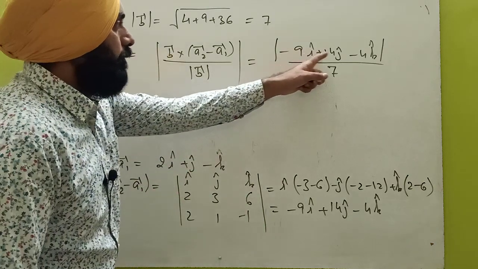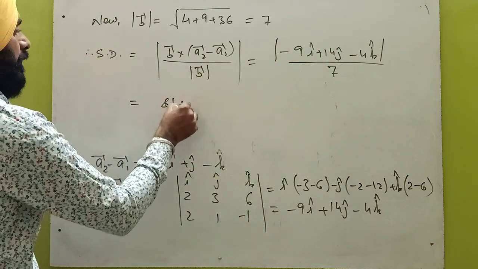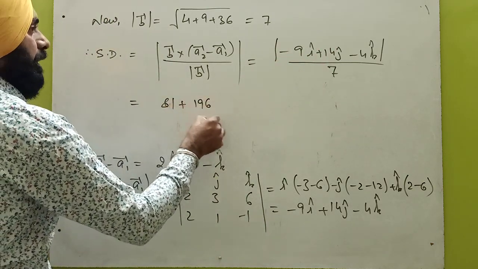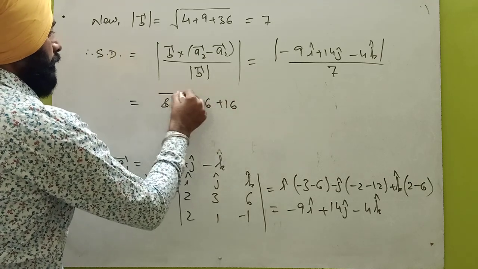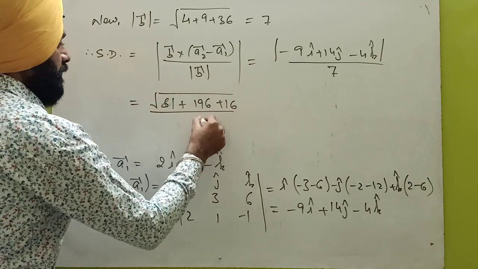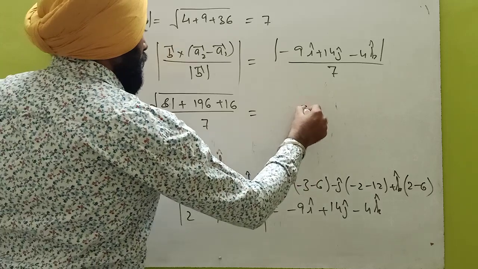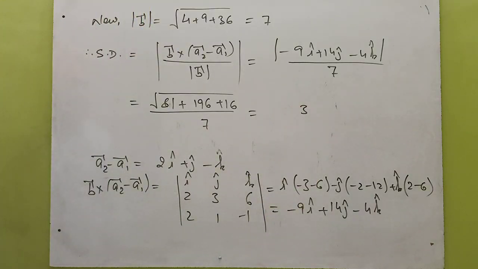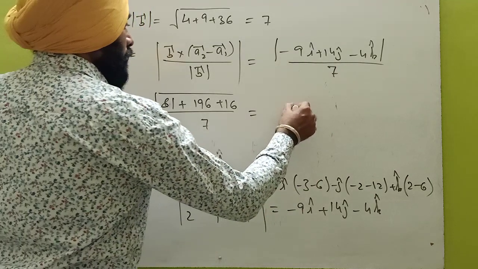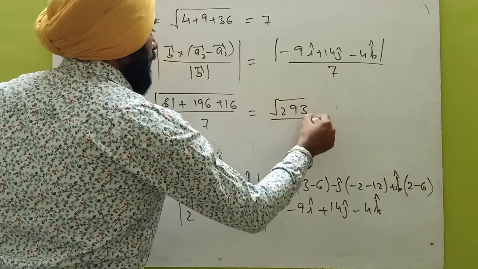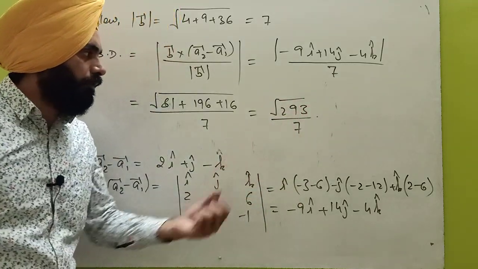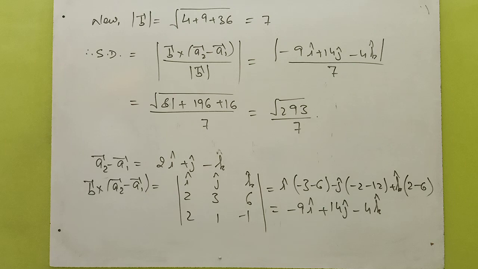Now the magnitude of this vector is the square root of 81 + 196 + 16 divided by 7, and this is equal to root 293 divided by 7, which is the required shortest distance between these two lines.